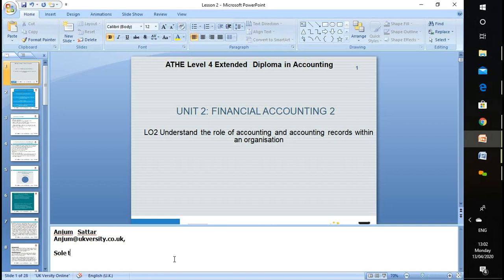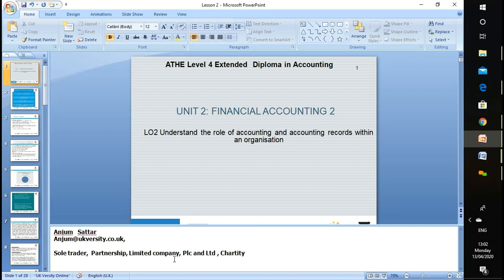A business can be a sole trader, which means a one-person business; a partnership, two or more, up to 20; a limited company, which can be public limited, PLC, or private limited, LTD; and others can be charities.